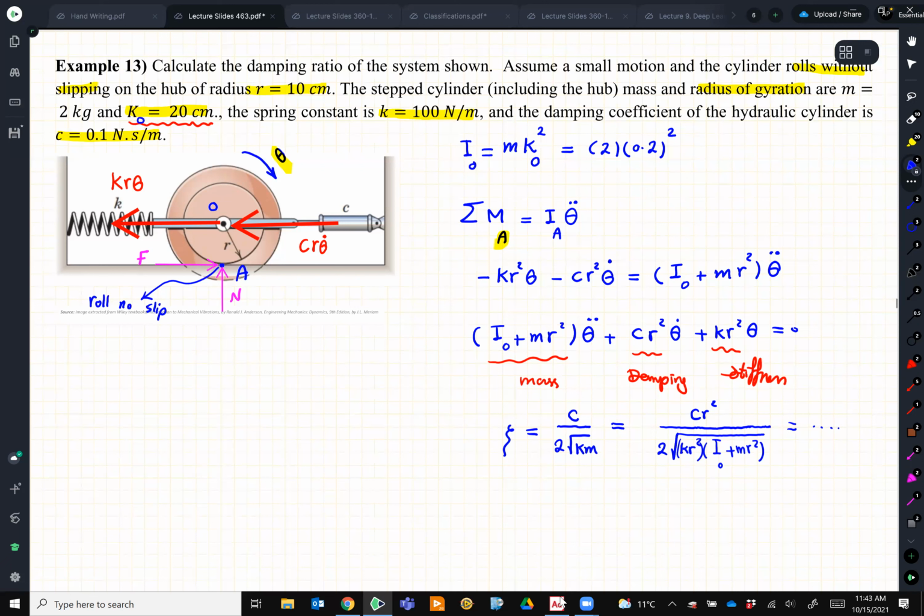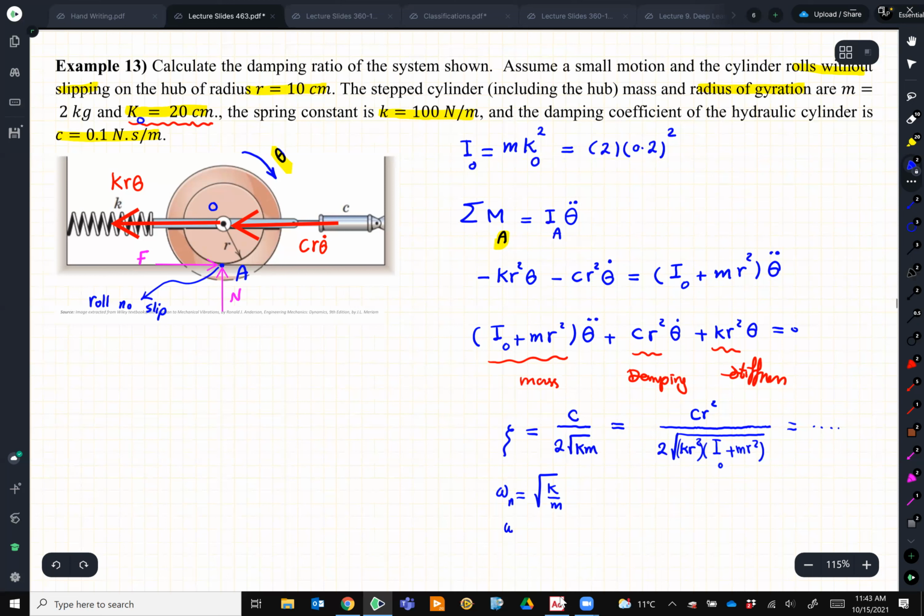And obviously, if zeta is less than 1, it is one story. If it is bigger than 1, that's another story, which you know, right? It's underdamped or overdamped. Similarly, if you need the natural frequency of this system, omega n, you know how to calculate it.